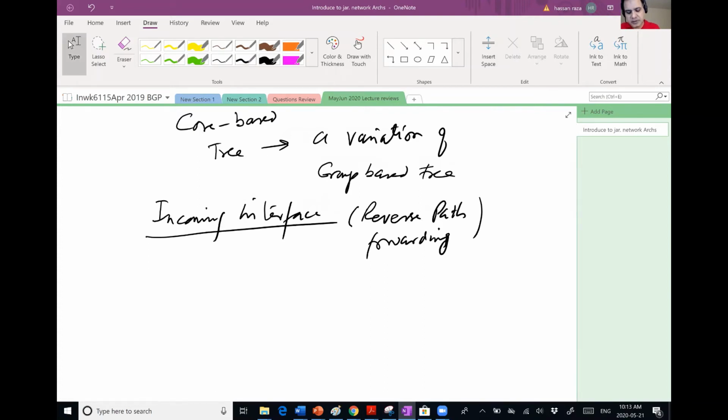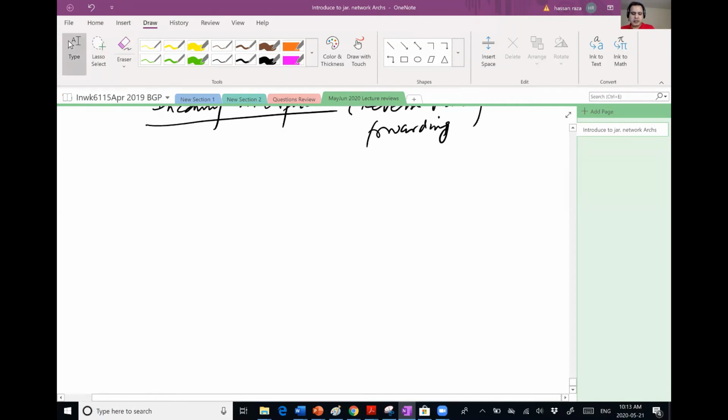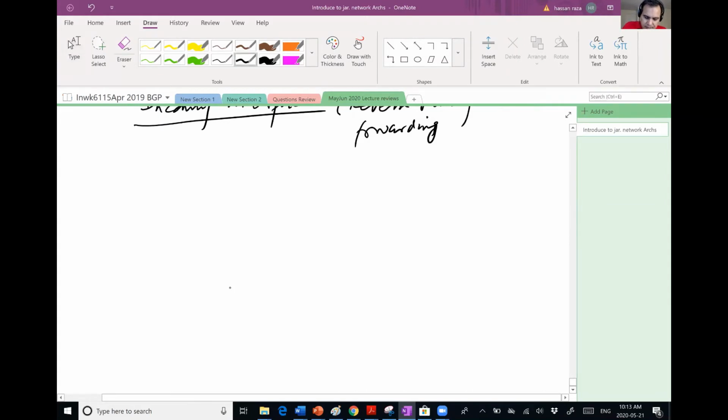So I'll give you an example of how you do that. So let's say this is a source. This source has routers, and these are receivers.